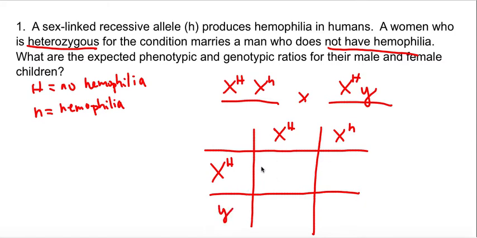And so if we do our Punnett square, that's supposed to be an H. And then we got, here we go.